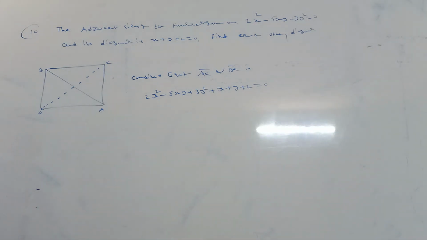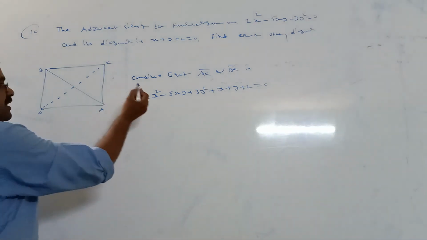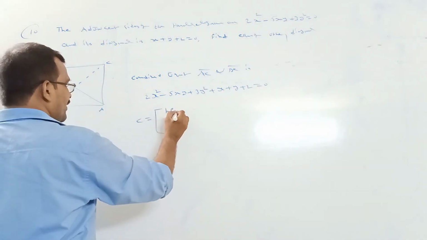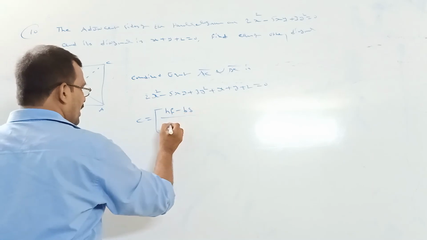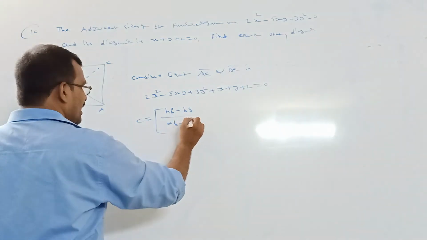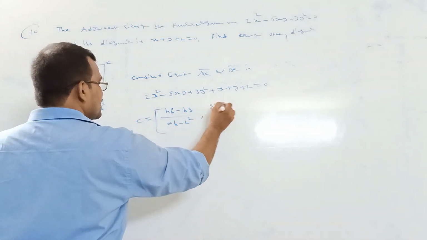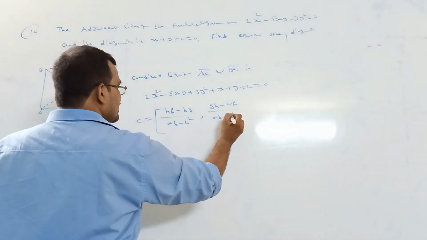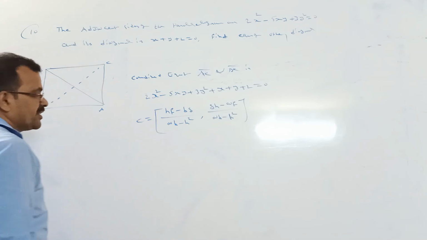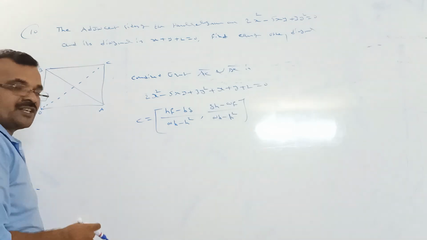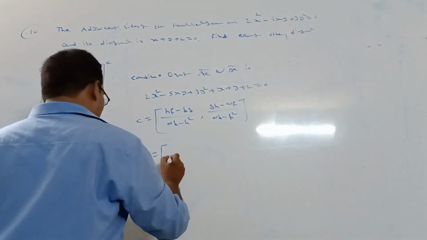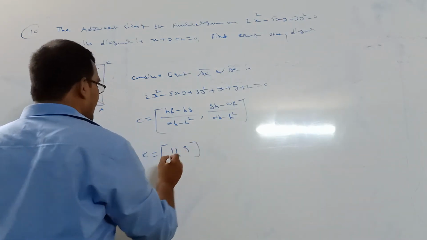So this is the non-homogeneous pair of lines. This point of intersection C is (hf − bg)/(ab − h²), (gh − af)/(ab − h²). Apply this formula. Otherwise, by using first derivatives also you can find it. We got this C equal to (11, 9).